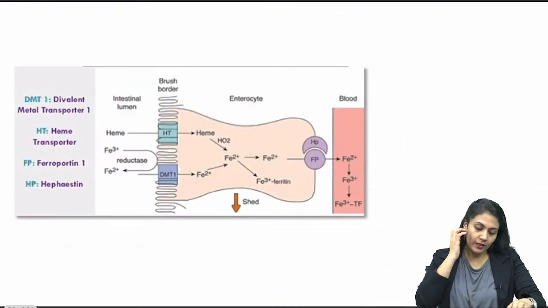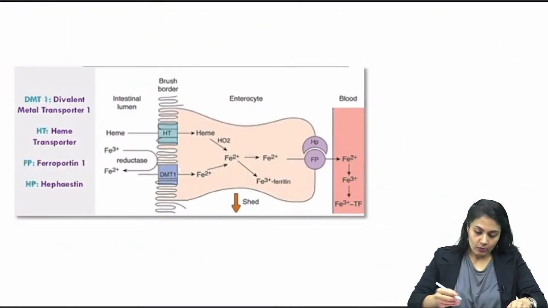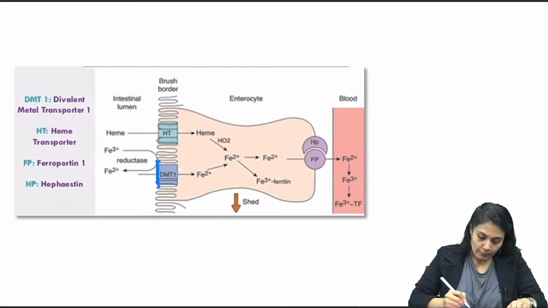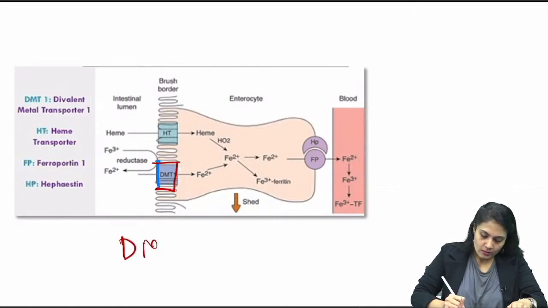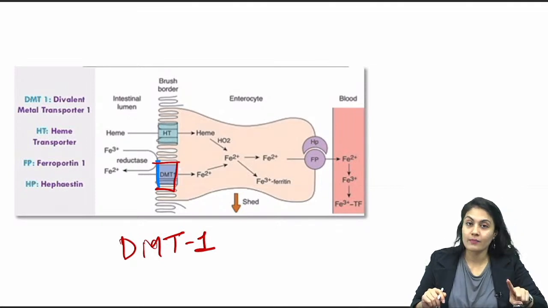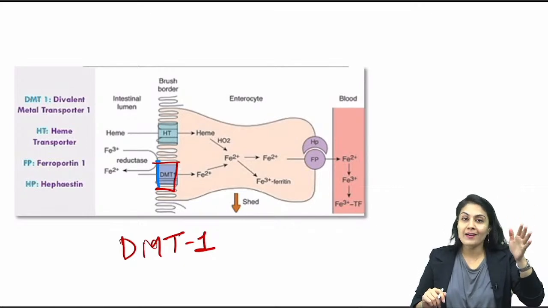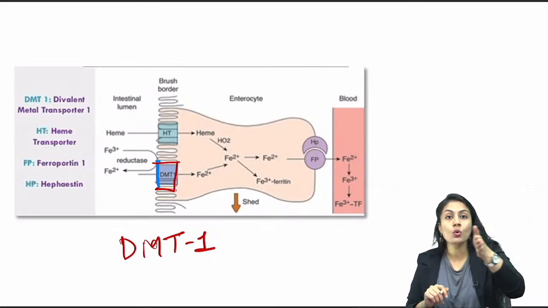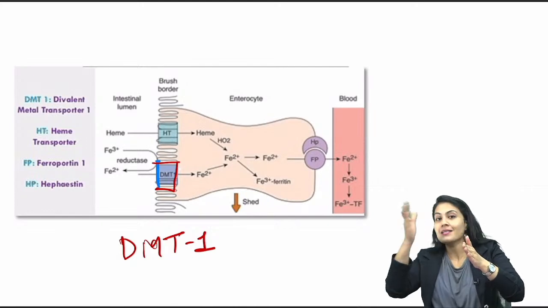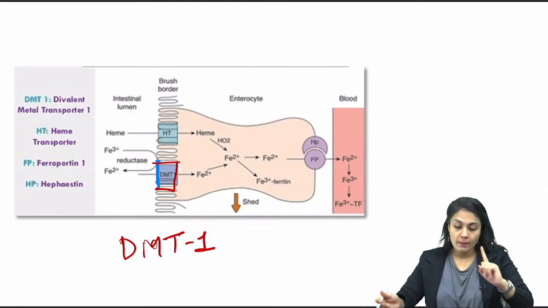Yes, see over here, the diagram is shown. Now look over here, the DMT1. First thing first, DMT2 is not helping us anywhere. DMT1, divalent metal transporter 1, is present on the apical side. It is going to help us absorb the iron from the lumen into the cell, not from the cell into the capillary. So please mind that.